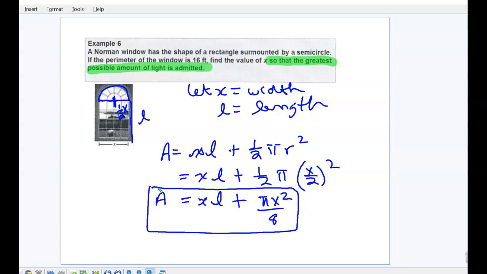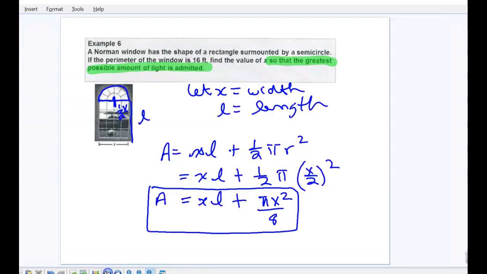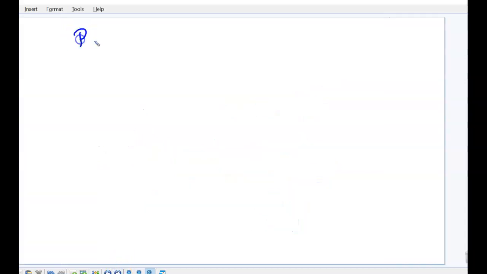Okay, so I also know that the perimeter of my Norman window is equal to 16 feet. So that's going to give me the second formula. Now, if I think about the perimeter of this Norman window, I have one length of x, I have two lengths of L, and I have half of the circumference. So the perimeter is going to be two lengths, plus one width, plus half of a circumference.